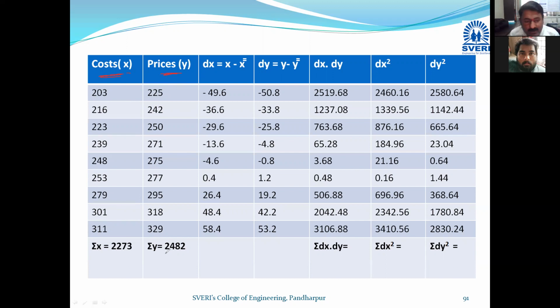My first target is to calculate X bar and Y bar, because dx is nothing but X minus X bar, meaning 203 minus whatever the value is. So my first target is to calculate X bar and Y bar, or you can say just the arithmetic mean. So, the addition of all these divided by the total number.